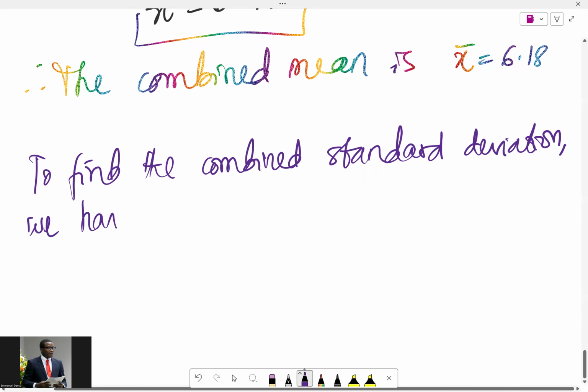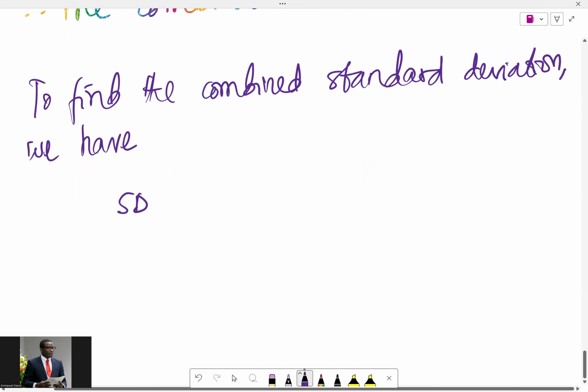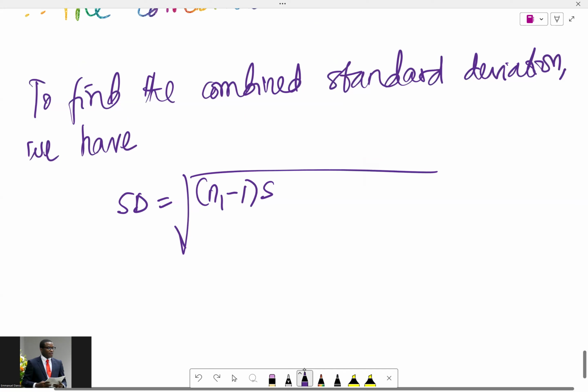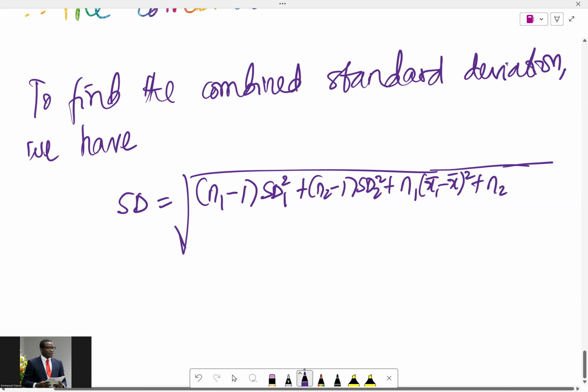So we can say now we have SD, and that will be the square root of n1 minus 1, SD1 squared, plus n2 minus 1, SD2 squared, plus n1 into x1 bar minus x bar all squared, plus n2 into x2 bar minus x bar squared.